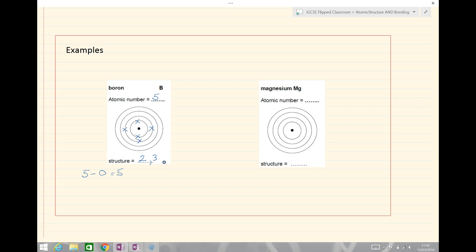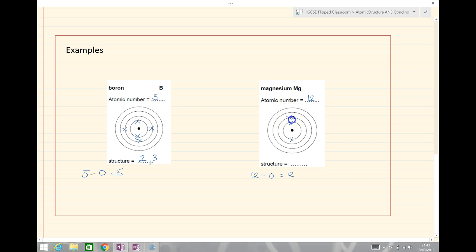Next then, magnesium. Well, if we look for the atomic number of magnesium, you see it's next to sodium there. It's 12. Then we check how many electrons first. We've got 12 minus 0, giving us 12. So we fill up, we've got 1, 2, that fills our first shell. We've got 10 electrons left to put in.